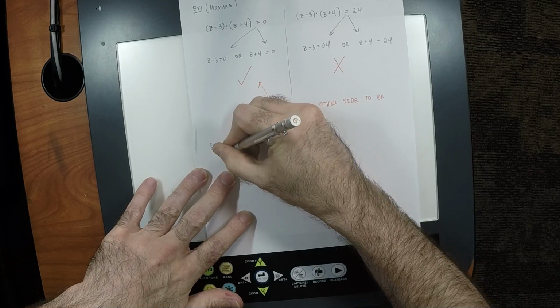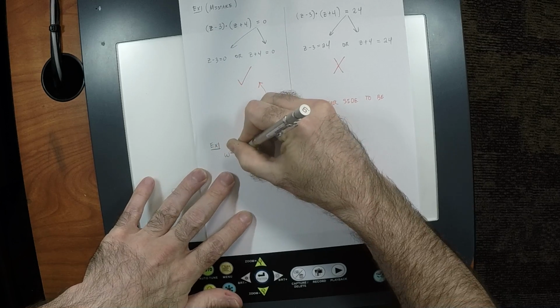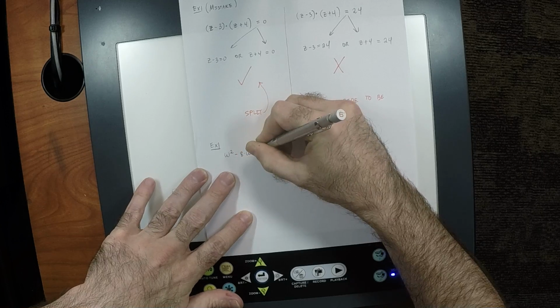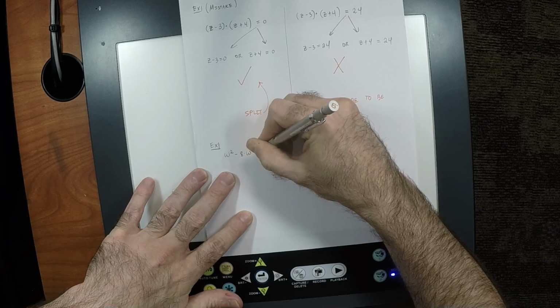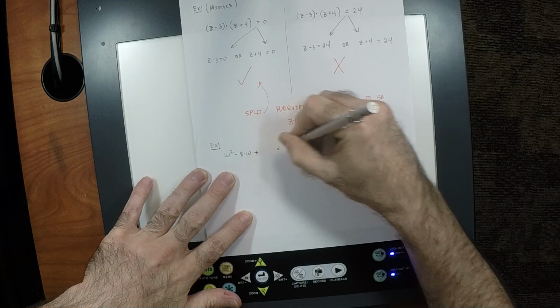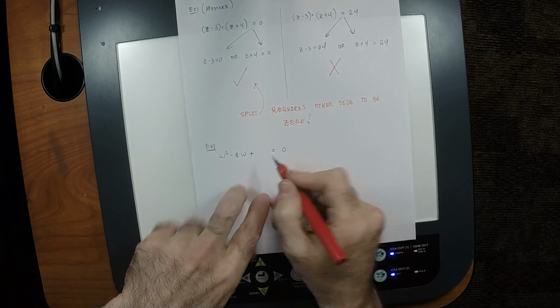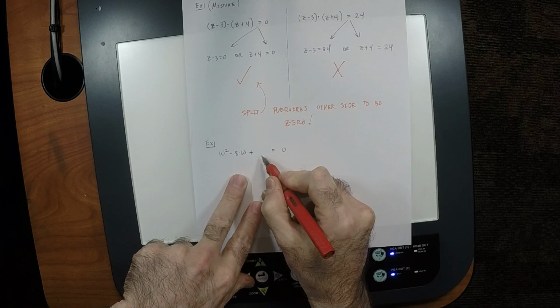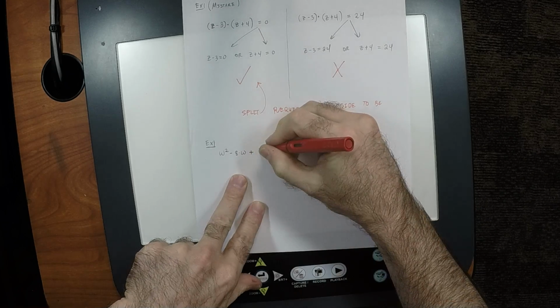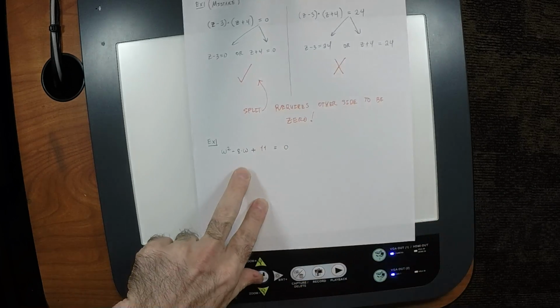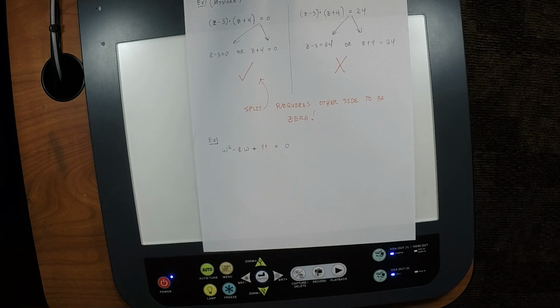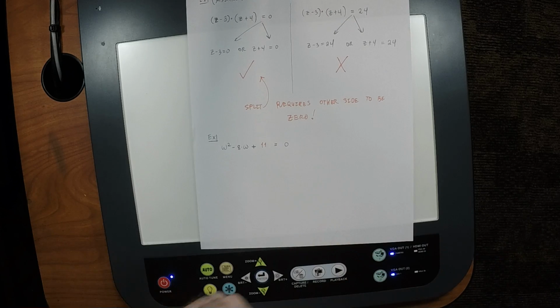What if we make it w squared minus 8w plus, now on the previous page, this was a 12, but now I'm going to make it 11. Okay, so then it's seemingly just more or less exactly the same thing, except instead of that being a 12, that's an 11. Now what?